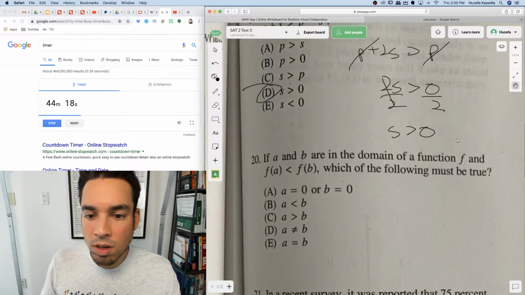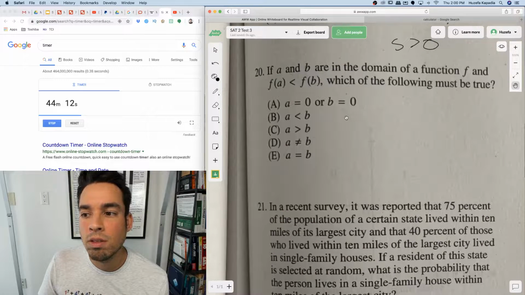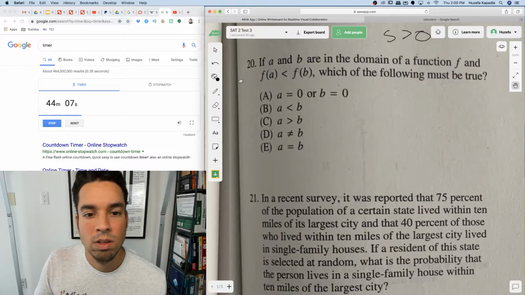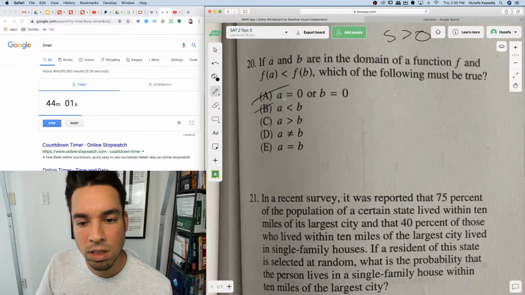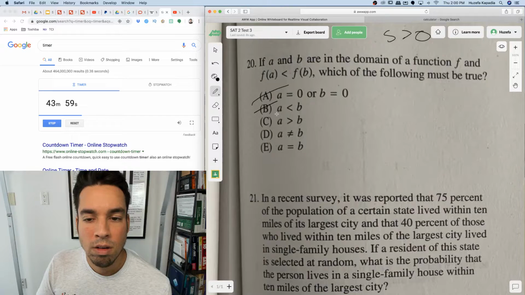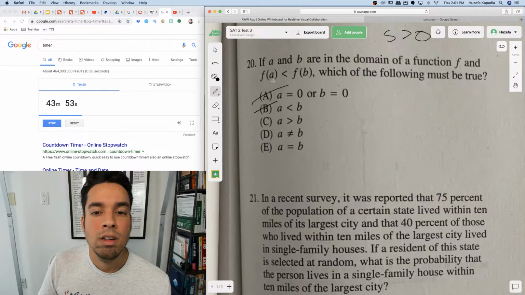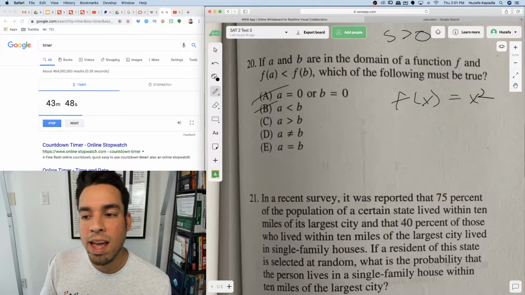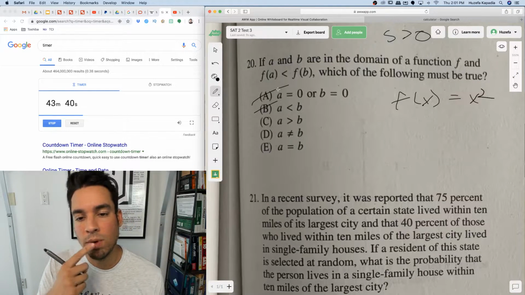That's it. If a and b are in the domain of a function f, and f of a is less than f of b, which of the following must be true? This makes no sense at all. This doesn't necessarily make any sense either, because f of x could be x squared, and then I could say that a is -10 and b is 1, and f of a, wait, I did that backwards.